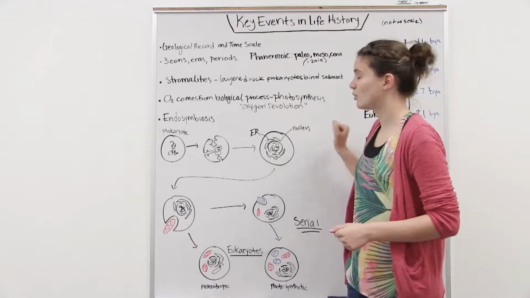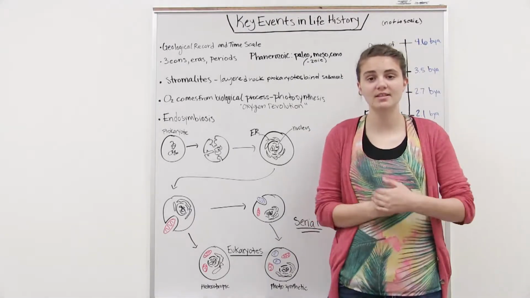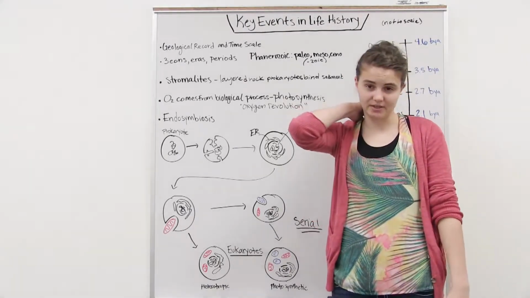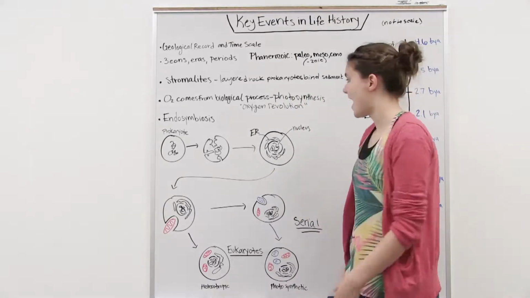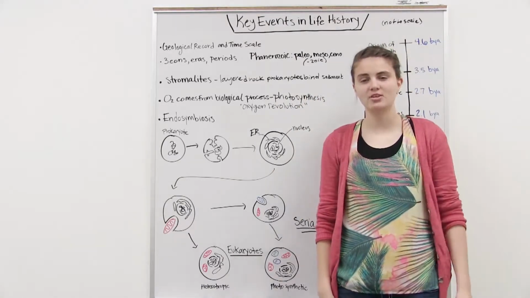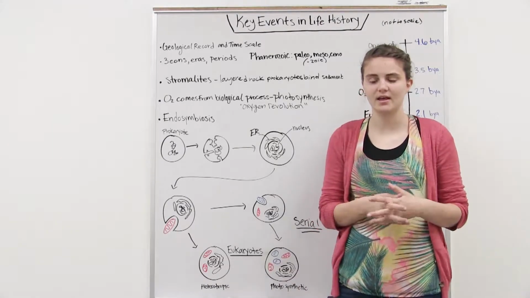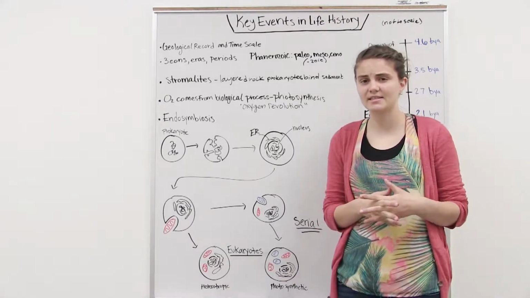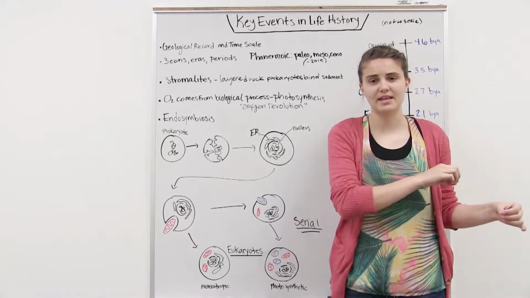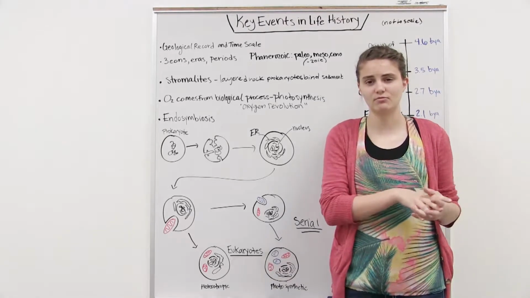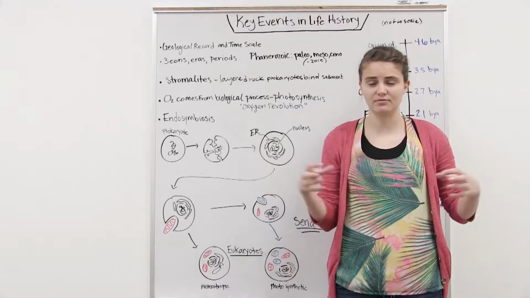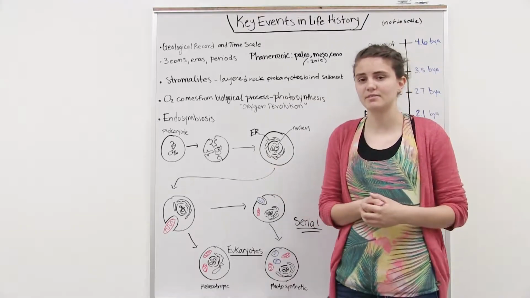We had some photosynthetic prokaryotes, mostly cyanobacteria, living in the oceans at that time. They were producing oxygen, and at first this oxygen was combining with iron and forming iron oxides that then precipitated to form sediments and rocks. We actually see that in the fossil record. That's the red rock that we see a lot of times.